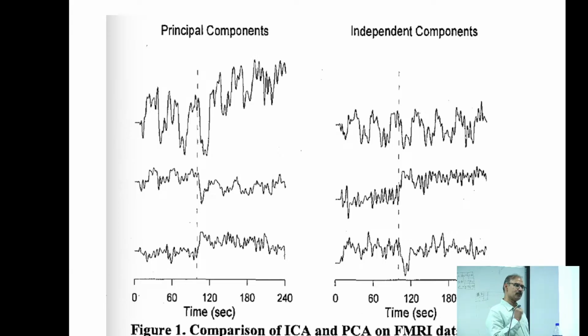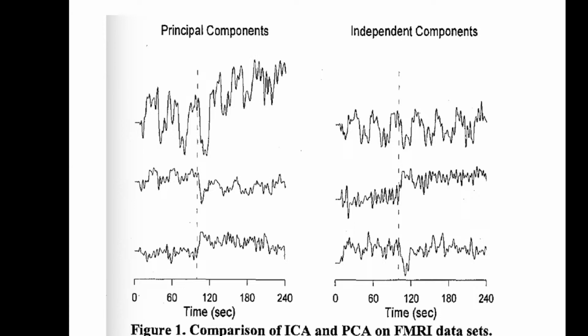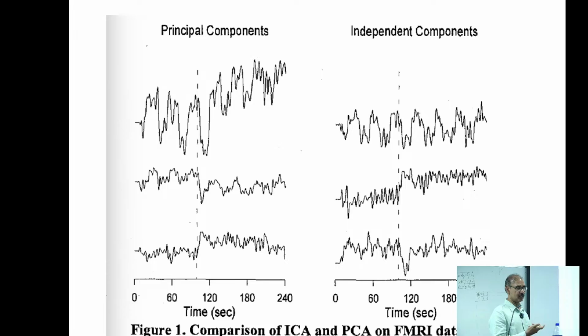And I always wanted to use this for resting state data, but I could not find a way to use it, right? And the reason was, in the MRI data, the number of voxels is large, right? But the number of time points is small.